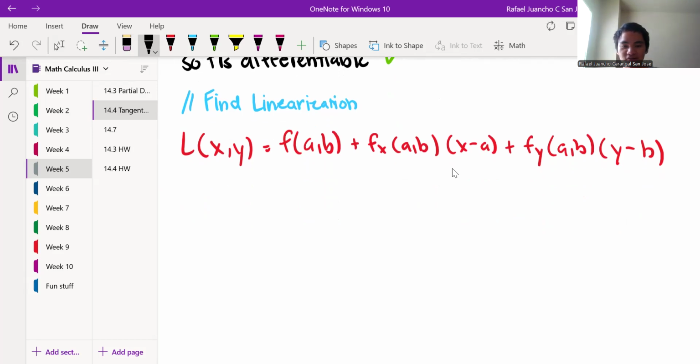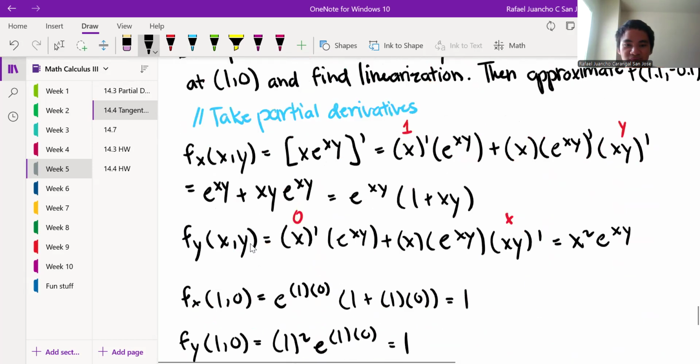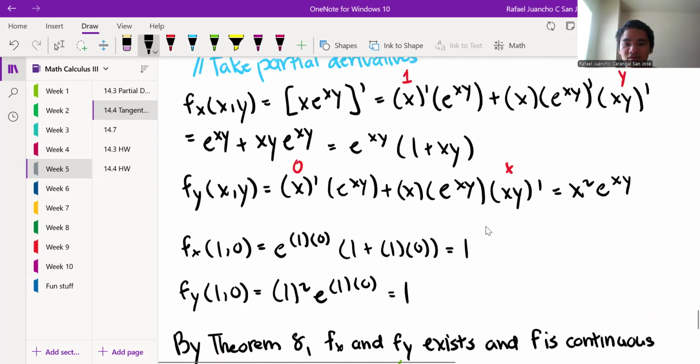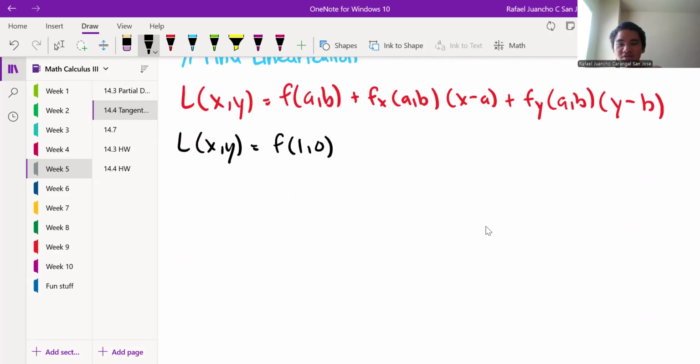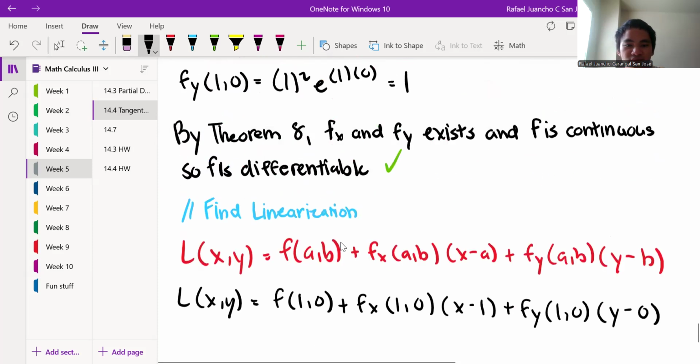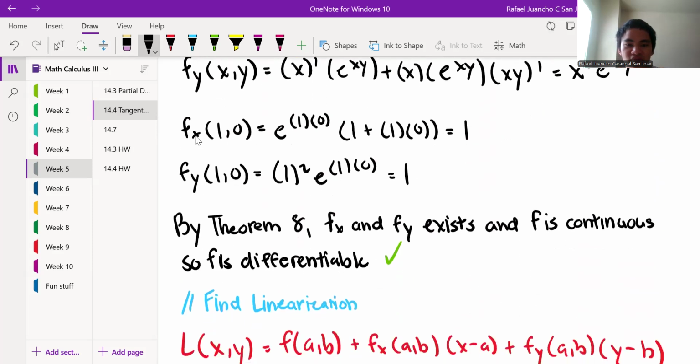Okay, so can I find a formula for this thing? Do I have everything I need? Well, yes, I do. I have f of 1, 0, right? What else do I have? f sub x(1, 0) times (x minus 1), f sub y(1, 0) times (y minus 0), right? And then I have these values for f sub x(1, 0) and f sub y(1, 0).